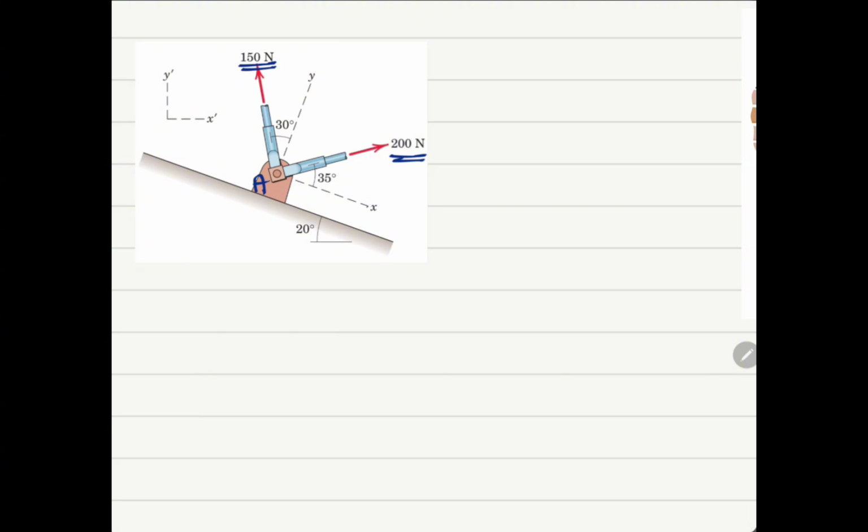The 200 has horizontal and vertical components. The 150 is vertical toward positive y, and its horizontal component is toward the negative x-axis.